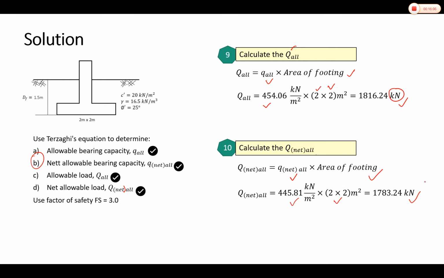So you will get the Q net allowable load is 1783.24 kilonewton. So that's how we use the Meyerhof general bearing capacity equation by using all the shape factors, all the depth factors, and also the inclination factors. Thank you.